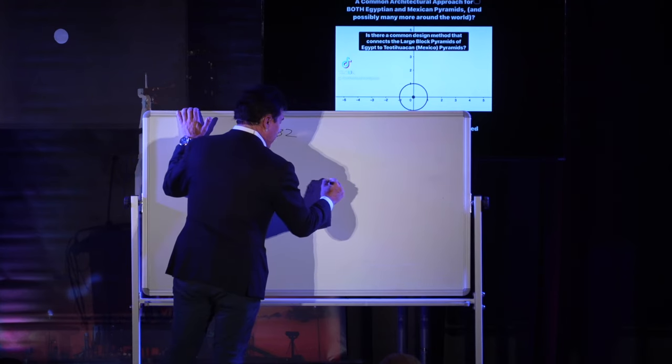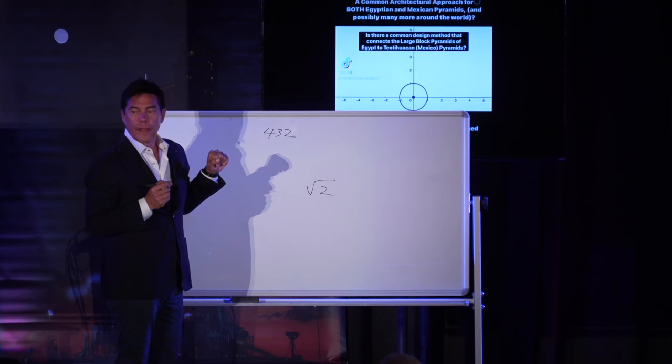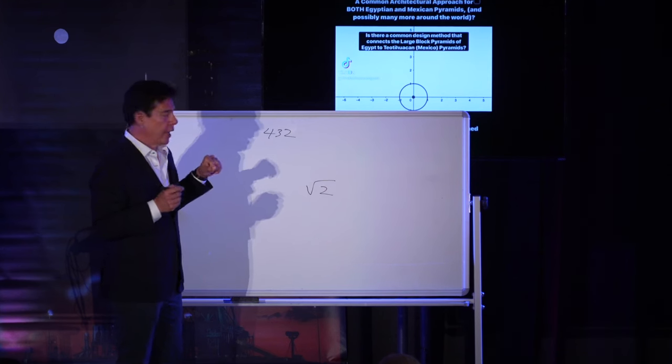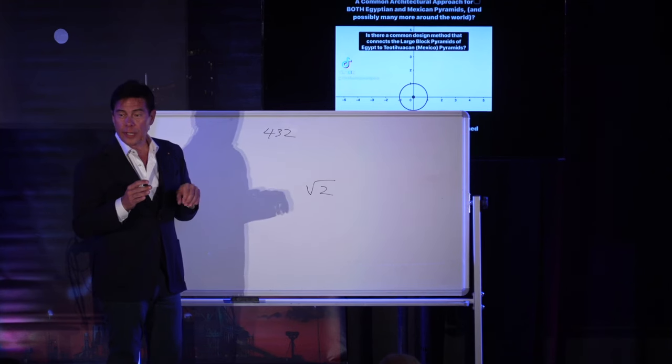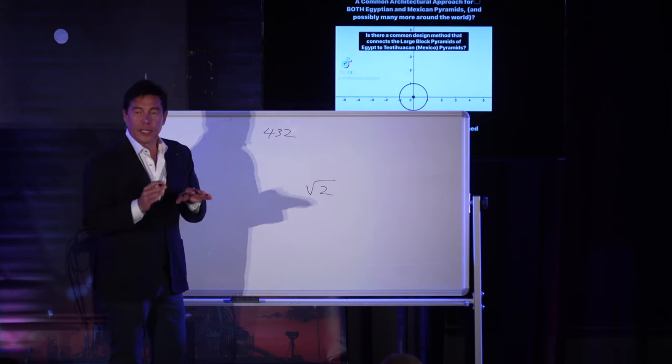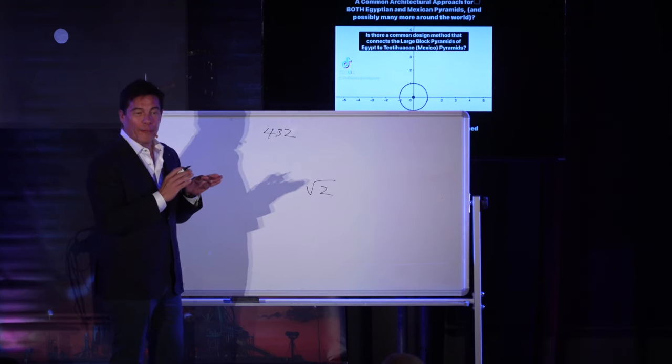Who knows what the square root of 2 is? 1.4142. A lot of people have seen Terrence Howard recently. In this context, it's not 1. It's 1.4142, and it's the middle of a scale.